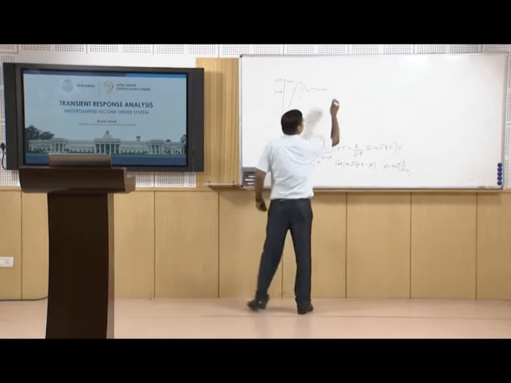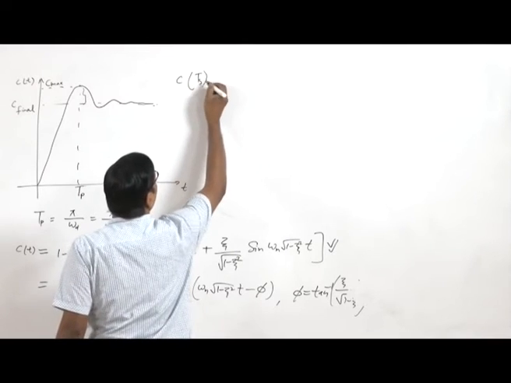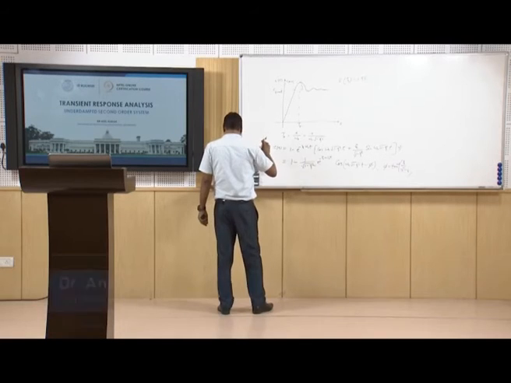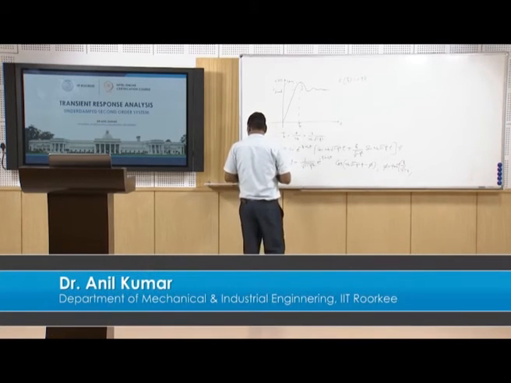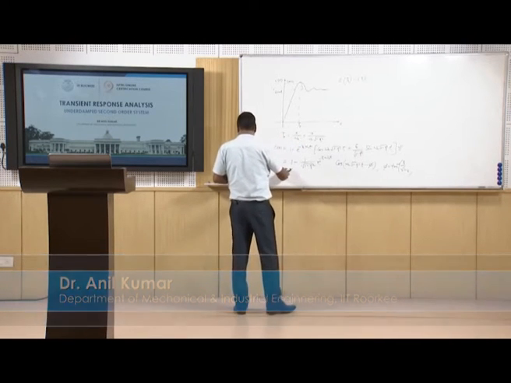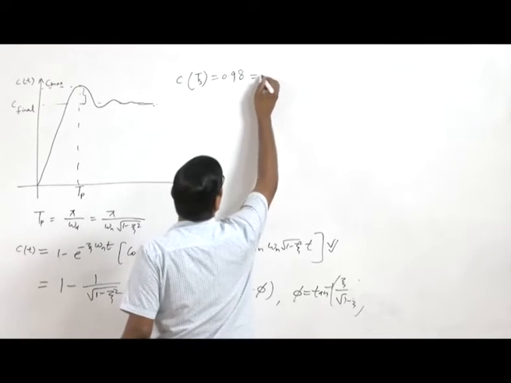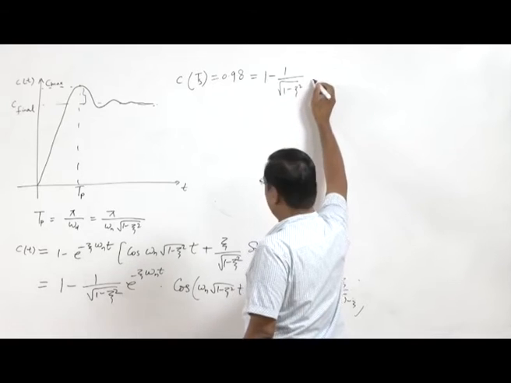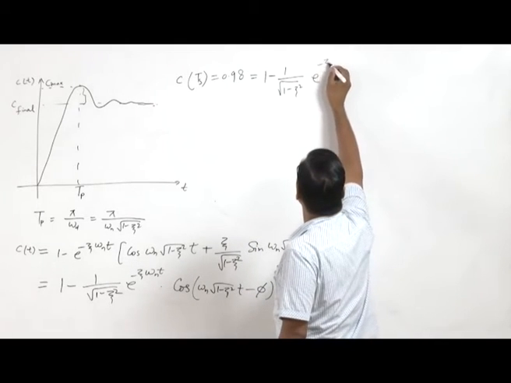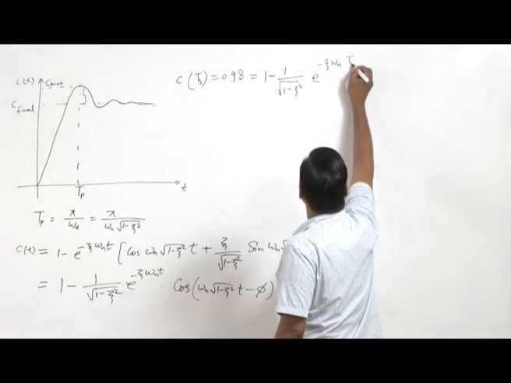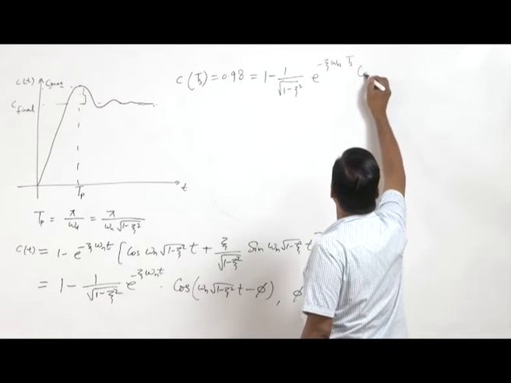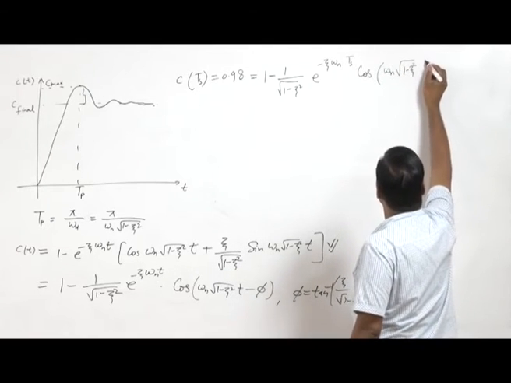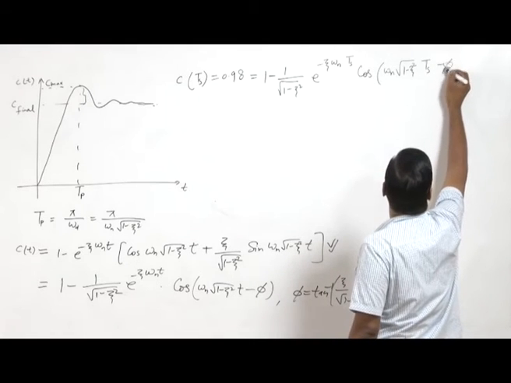So we can find the settling time: c(Ts) equals 0.98. Let's use this formula: 1 minus 1 by root 1 minus zeta square, exponential minus zeta omega n Ts, cos of omega n root 1 minus zeta square Ts minus phi.